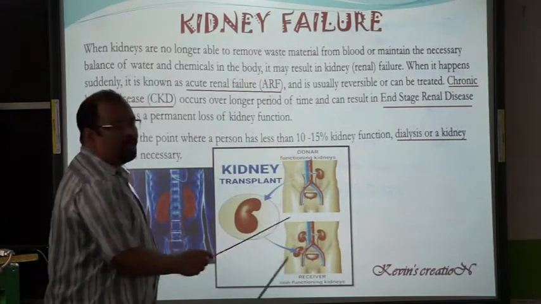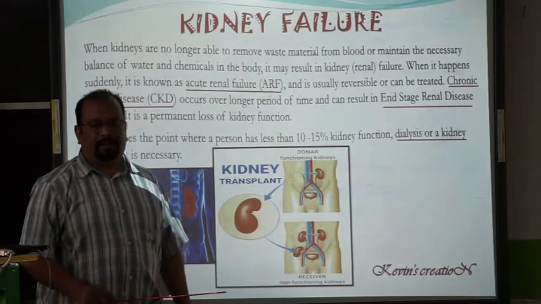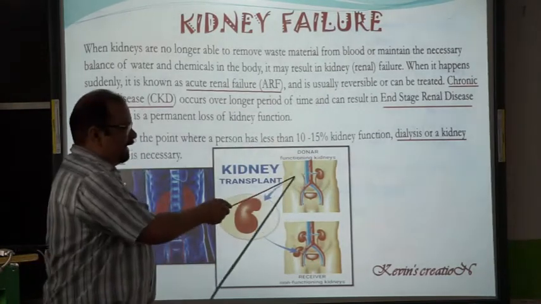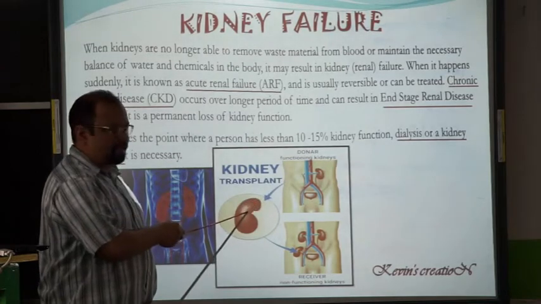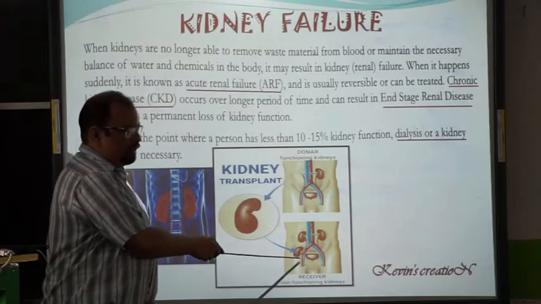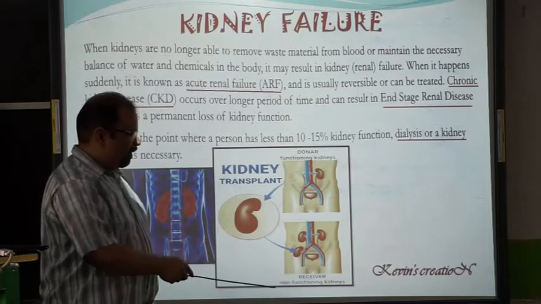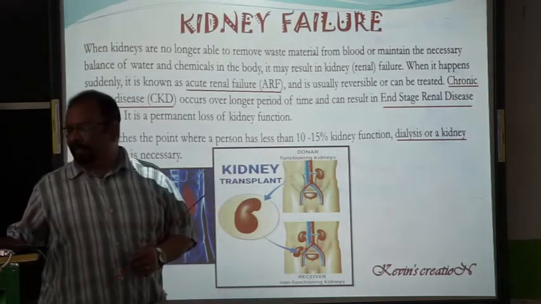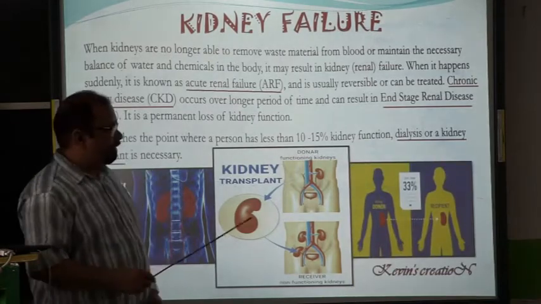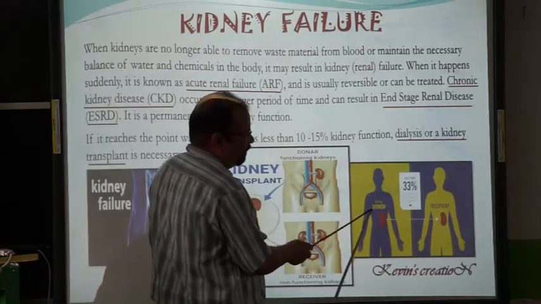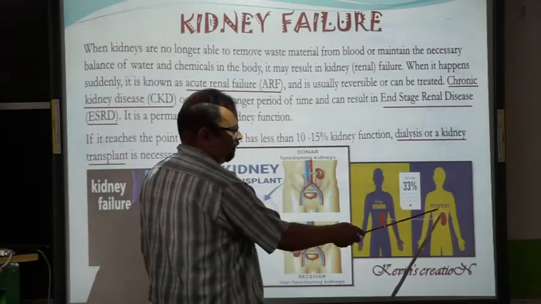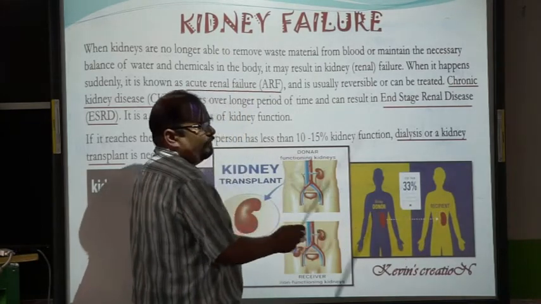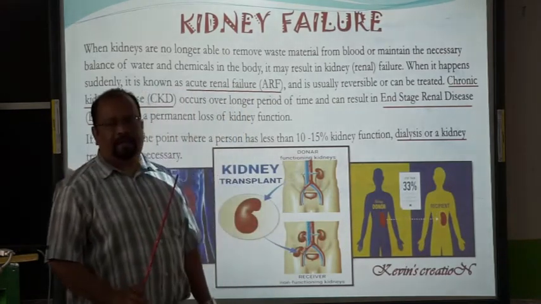His kidneys are non-functioning. Both the kidneys are not functioning. That is why one healthy, functioning kidney is given to him or her. So this is called kidney transplant. In the other picture you can see this was the donor and this is the recipient. Both are having one functioning kidney.